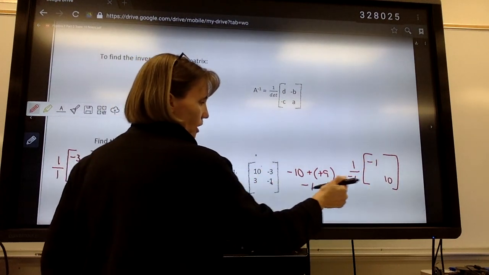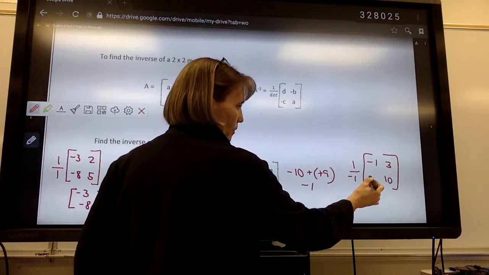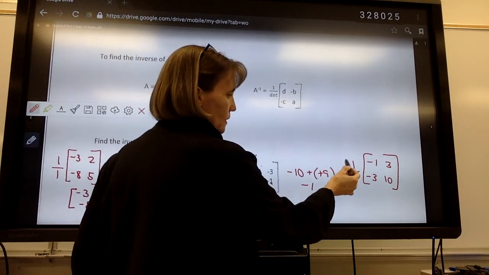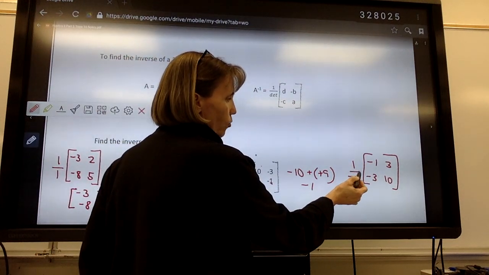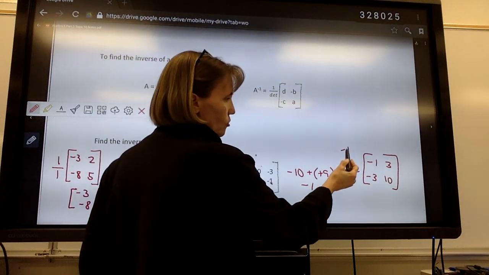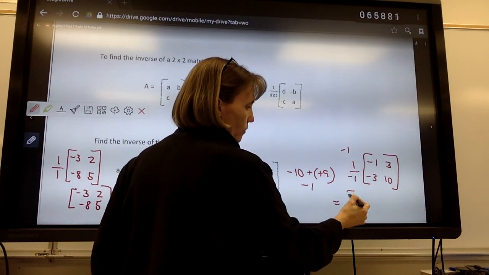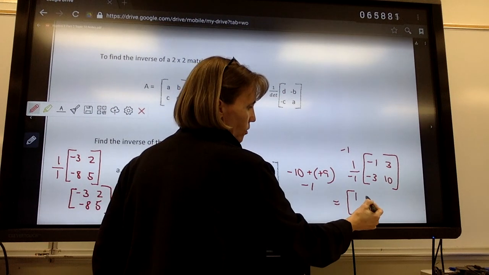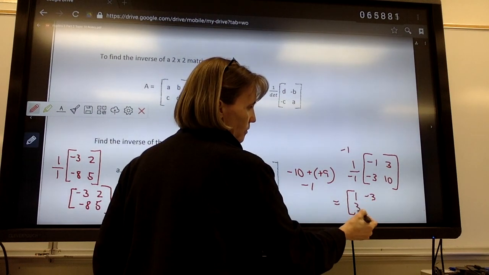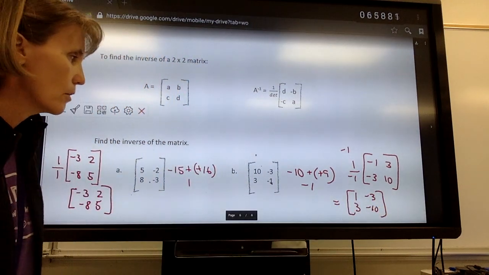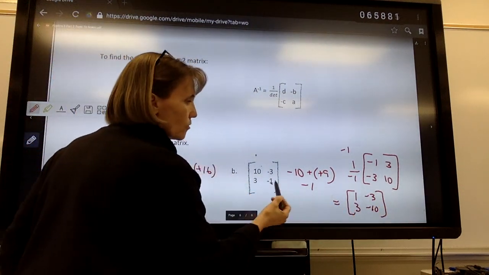And then these change signs, so this would be positive 3, and that would be negative 3. Okay, now you just do the multiplication. This is scalar multiplication. 1 over a negative 1, that's a negative 1, right? So every number inside the matrix gets taken times negative 1. So I get a positive 1, a negative 3, a positive 3, and a negative 10. Okay, these two matrices are inverses of each other.